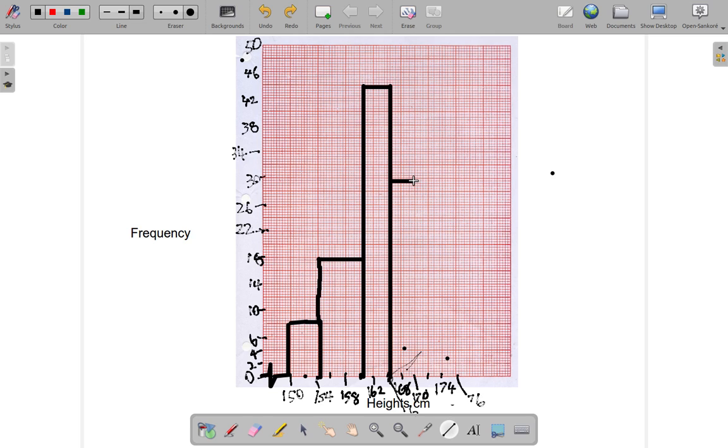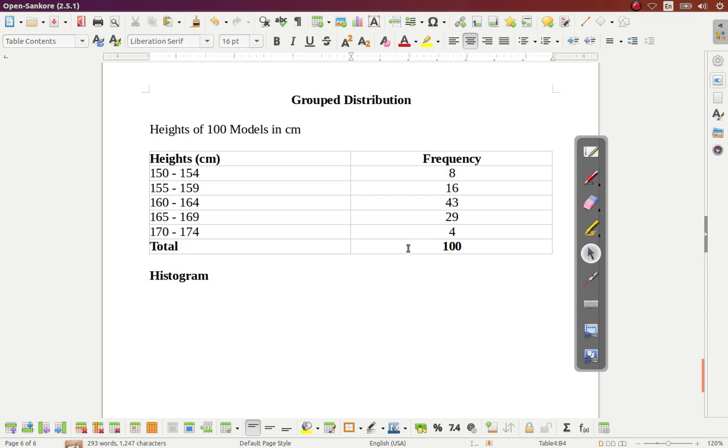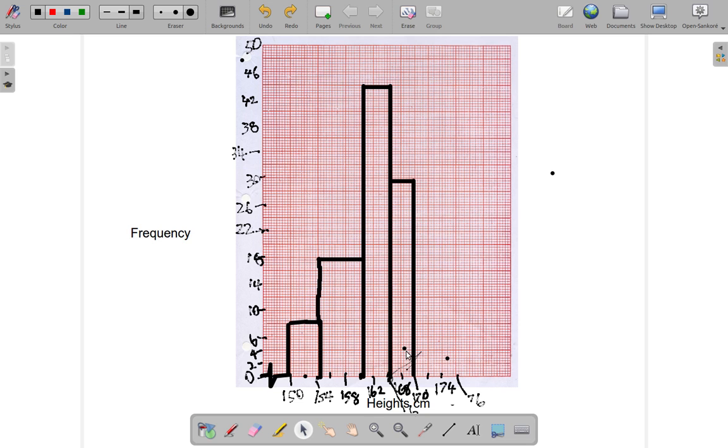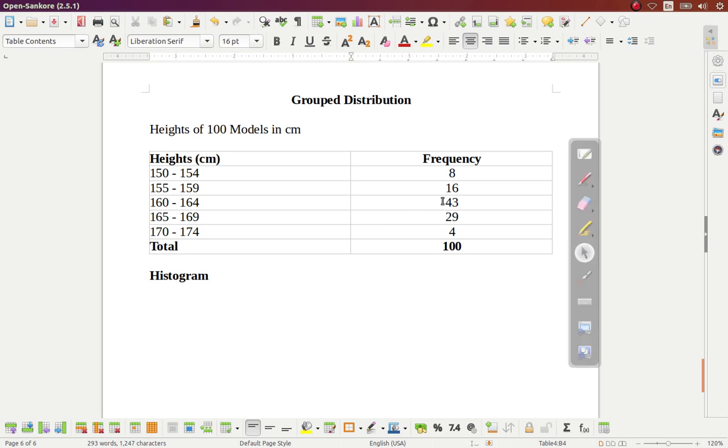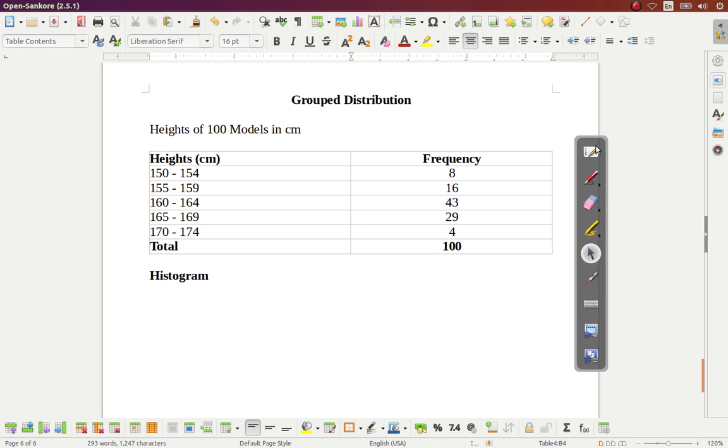You're going to end just to the right of 169. All right. Now, 170 to 174. And it goes up to 4.